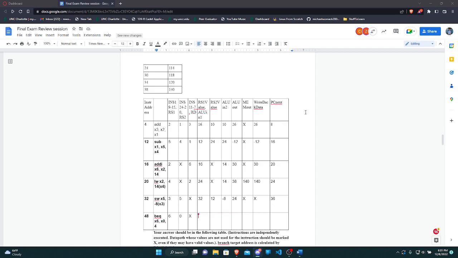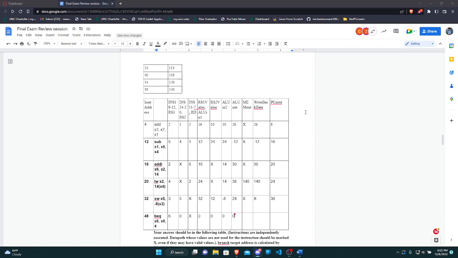Your RS1 value for register 6 is going to be 0, and the RS2 value is also going to be 0. Going into the ALU input 2, we're going to put in 0, and then we subtract 0 minus 0, which equals 0.